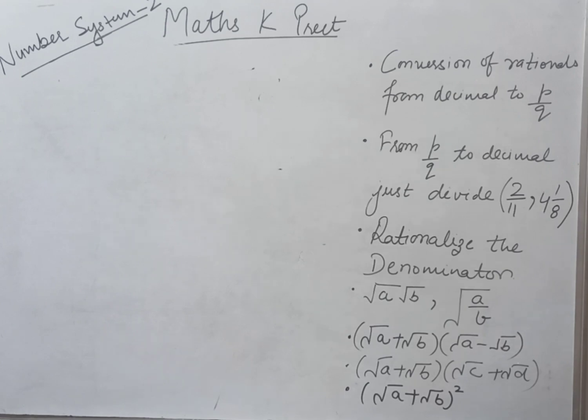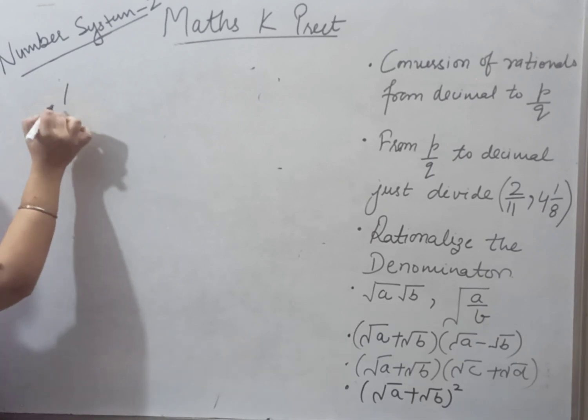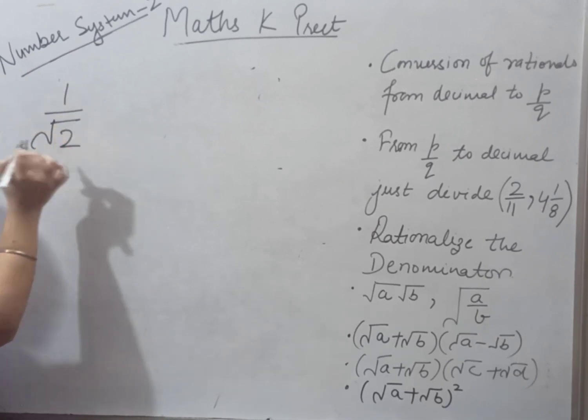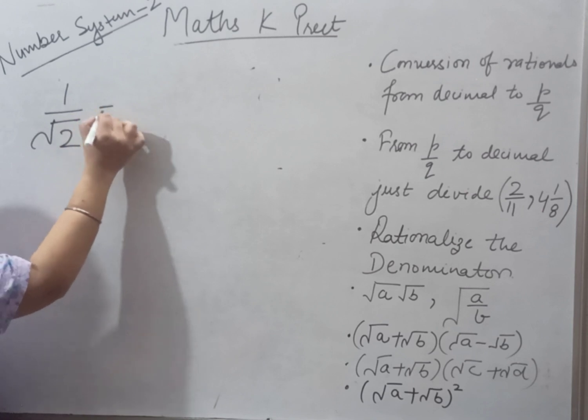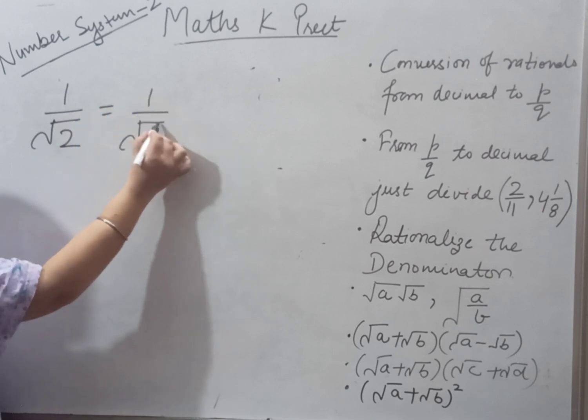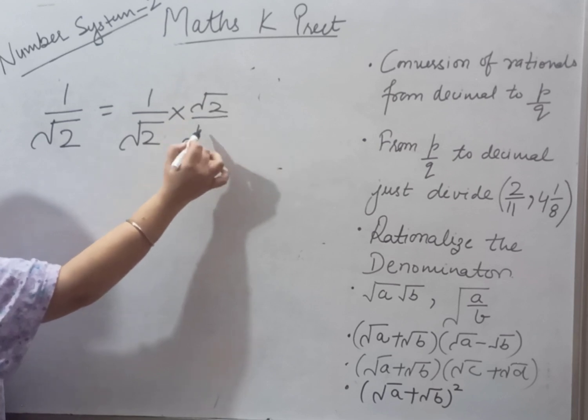So the first question is, if I have to rationalize this number, the denominator, what we will do is multiply numerator and denominator with root 2.